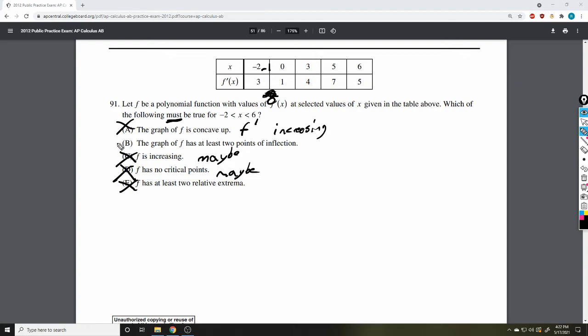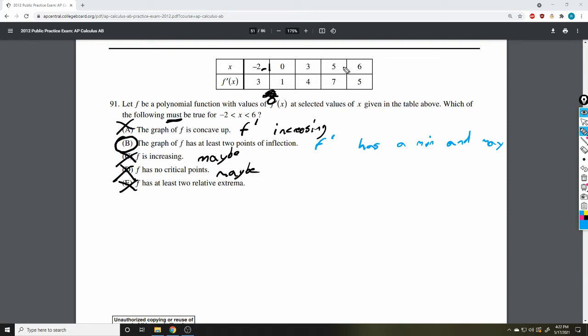So the only one that has to be true is that f has to have at least 2 points of inflection. That's because f prime has a min and a max. So at the minimum, which happens somewhere in between like -2 and 3, we have to have a point of inflection.